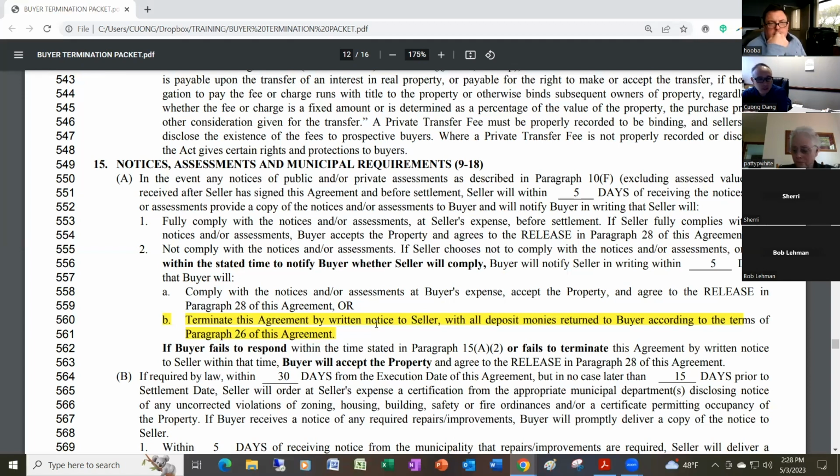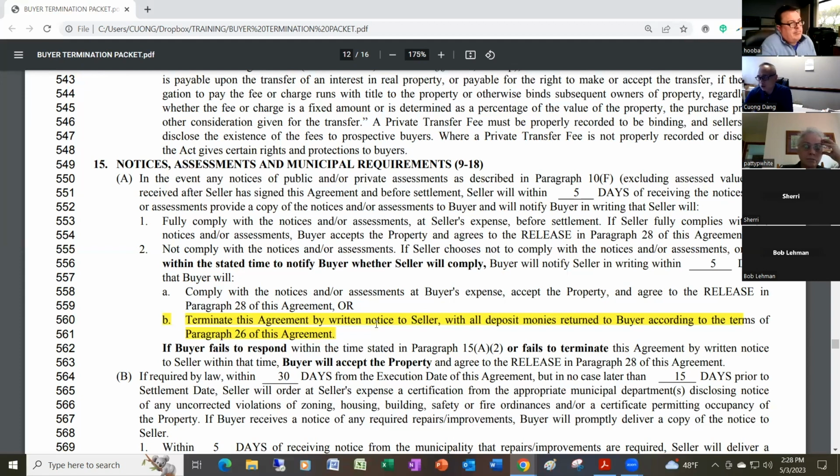The first thing here is in paragraph 15A, in the event any notices of public and or private assessments as described in paragraph 10F are received after seller has signed this agreement and before settlement, so during the pending period, right? Seller will within 5 days of receiving the notice and or assessment provide a copy of the notices and or assessments to buyer and will notify buyer in writing that seller will, 1, fully comply, okay, to which the seller just says, hey, I'm going to comply.